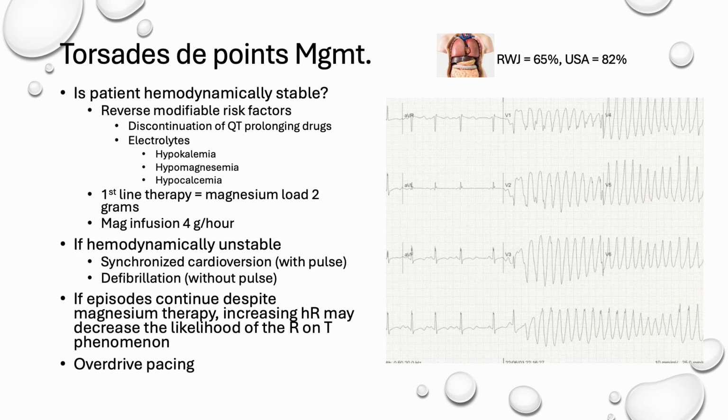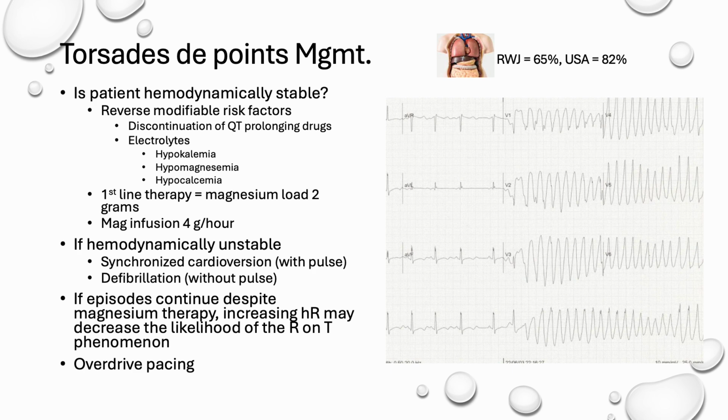The first step in acute management is to determine if the patient is hemodynamically stable or unstable. If stable, an attempt to reverse modifiable risk factors such as discontinuing QT prolonging medications and electrolyte disturbances can occur.